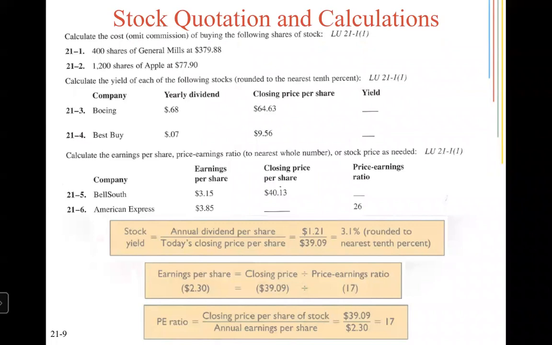So I have the three formulas that we looked at earlier, the one for stock yield, the one for earnings per share, and the one for PE ratio. So the first two questions say calculate the cost, omit commission. Now you see commission there.